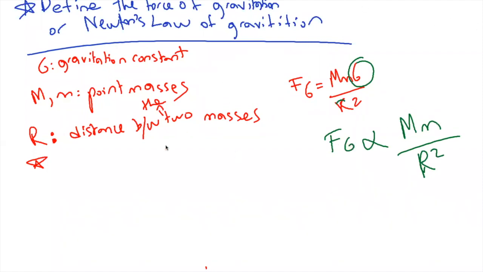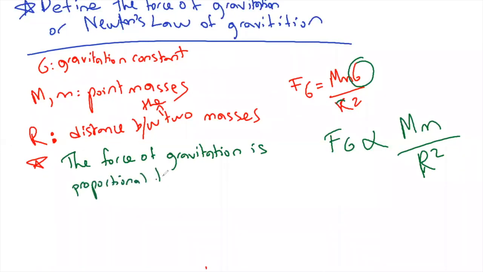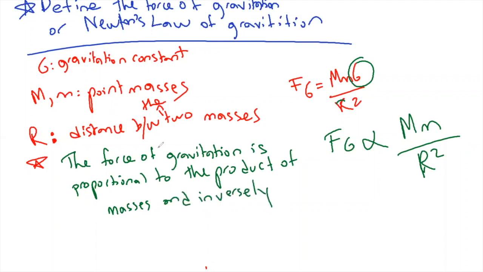So what we're going to write is Fg, the force of gravitation is proportional to the product of masses and inversely, by the way, don't write it just yet.